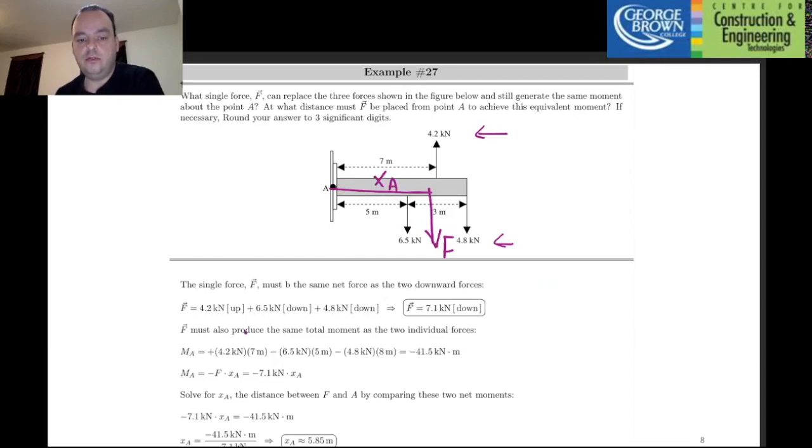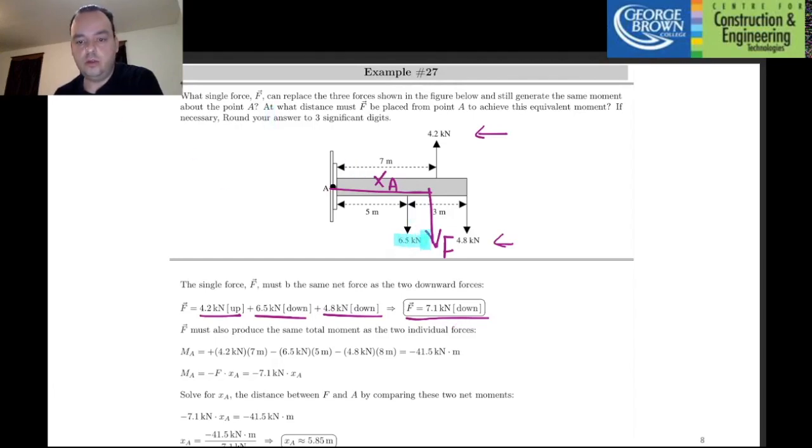To calculate F, simply add up the individual forces. Notice that we have 2 acting down and 1 acting up, and therefore the net force will be 7.1 kilonewtons downward. So, where do we place this force so that it produces the same moment as the 3 individual forces originally? Well, let's take a look at those forces. I'll just highlight them here for a second.